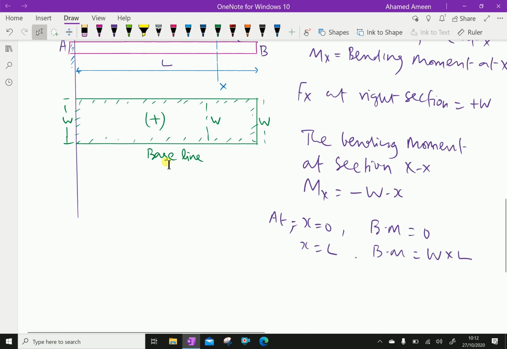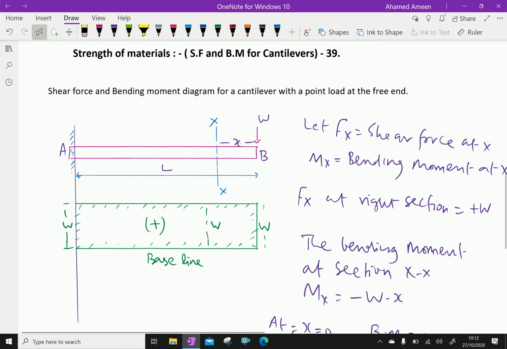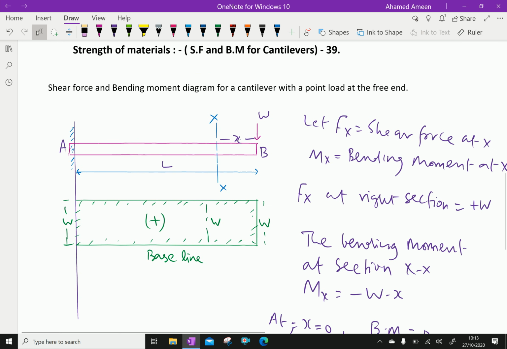For this, we'll draw the bending moment diagram for this cantilever beam like here. Suppose we draw a baseline. Use red for this. This baseline.